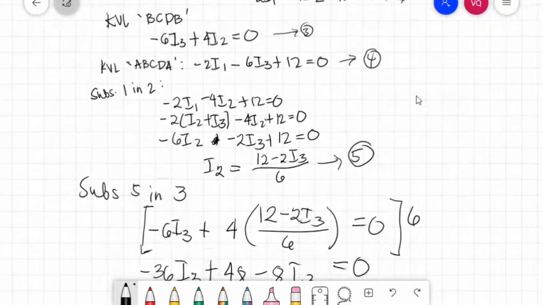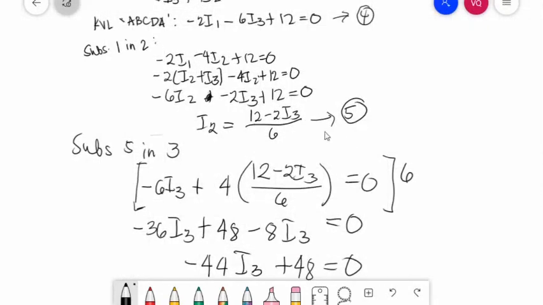Solving now for I2, we go to equation 5. I2 is equal to 12 minus 2 times 1.091, divided by 6.